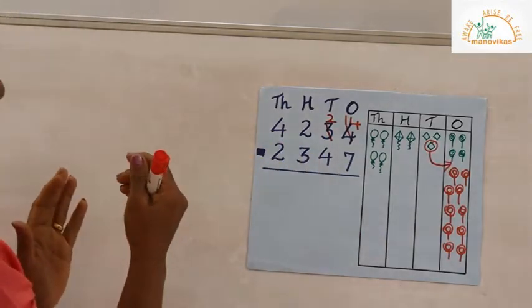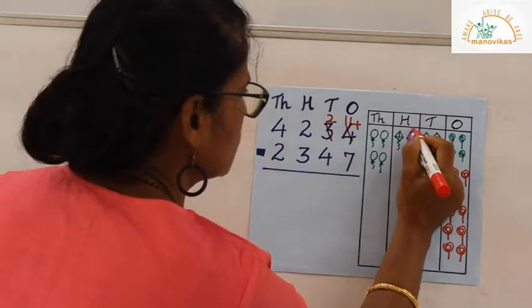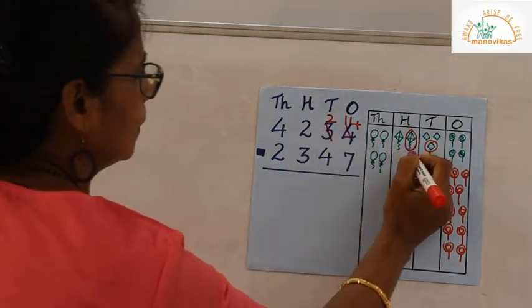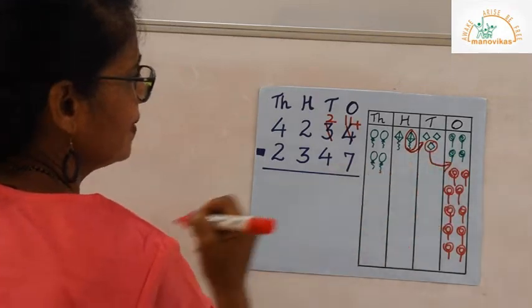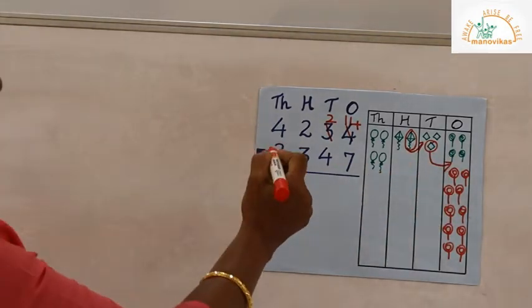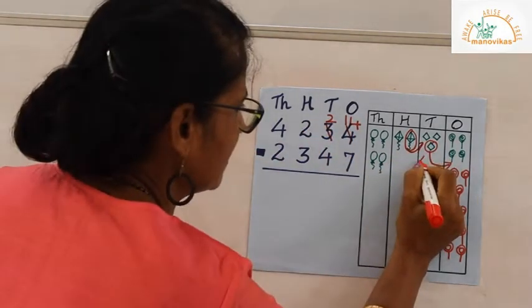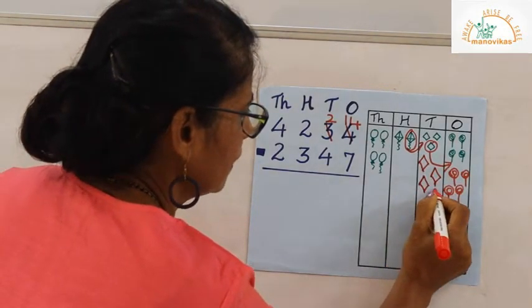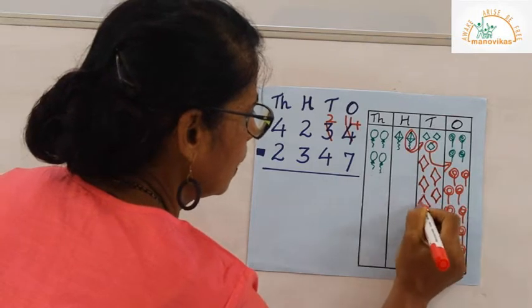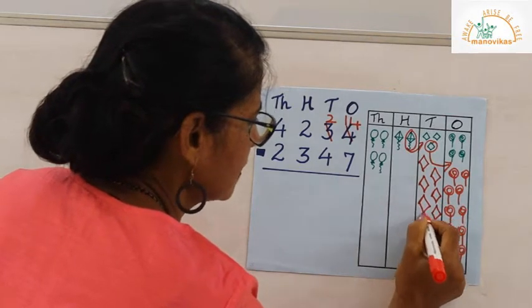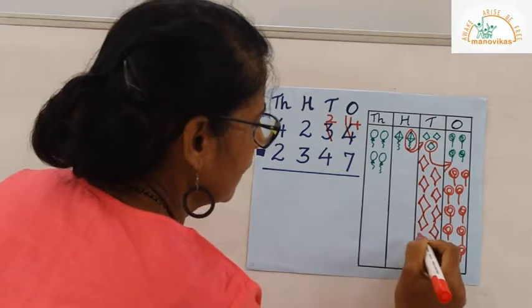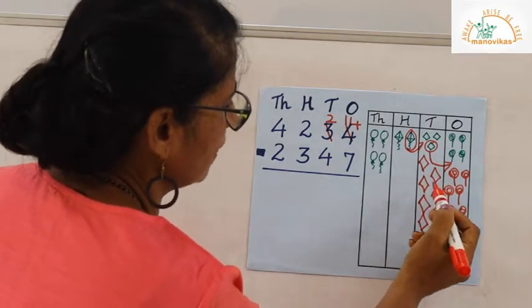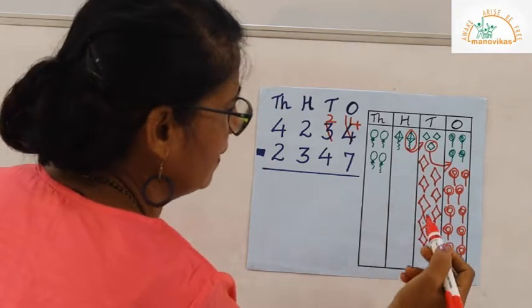So we have to take from the hundreds place 100, which is equal to 10 tens. So let's make 10 tens. 1, 2, 3, 4, 5, 6, 7, 8, 9, 10.